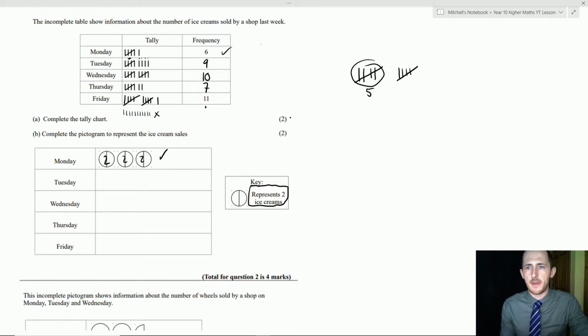Now when we have 9, how many whole circles are we going to have? How many 2's go into 9 without a remainder? The answer is 4, remainder 1. So we're going to draw 4 full circles. 2, 3, 4.